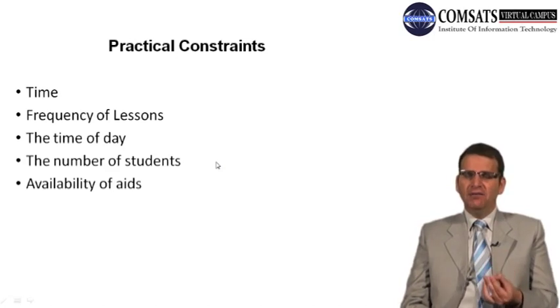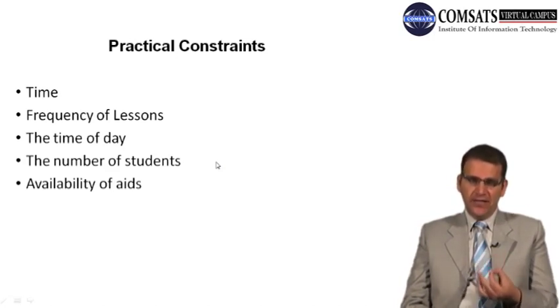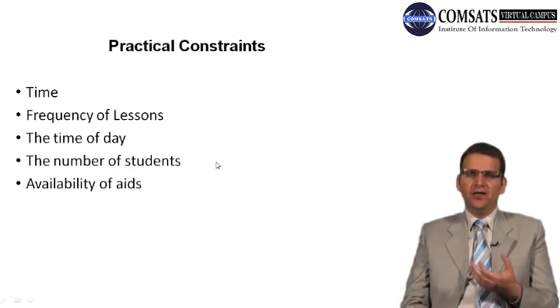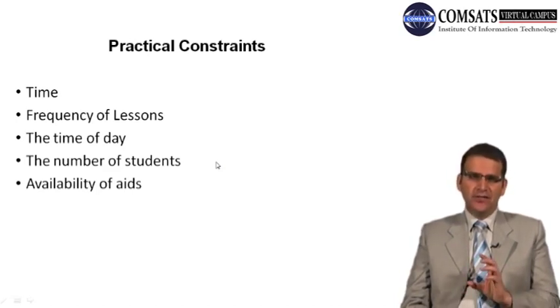Here time means the minutes or hours for that particular lesson plan. If you have a 40-minute class, or a 50-minute class, or a 75-minute class, it depends on how much time is there. Again, it comes to the organizational policy, the organizational timetable, and other factors.